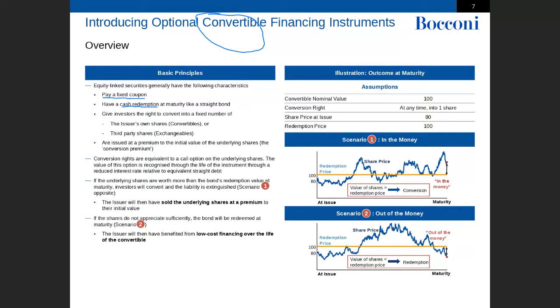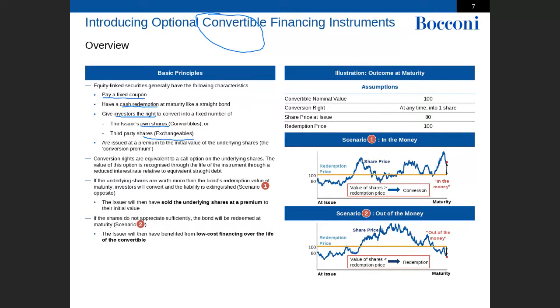Basically, the investors have the right to do two things: either convert into the shares of the issuer, if it's convertible, or convert into third-party shares, if the issuer has a stake and you issue the bond into those shares, and it's called exchangeable.